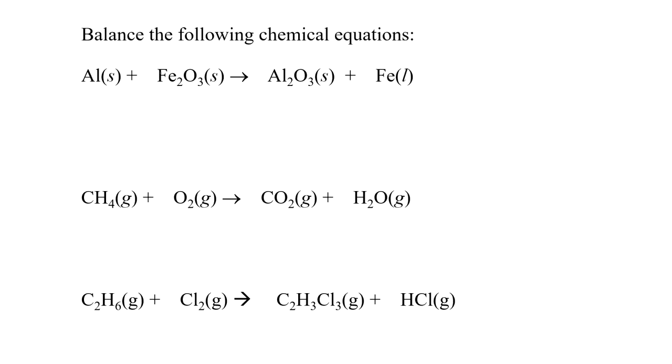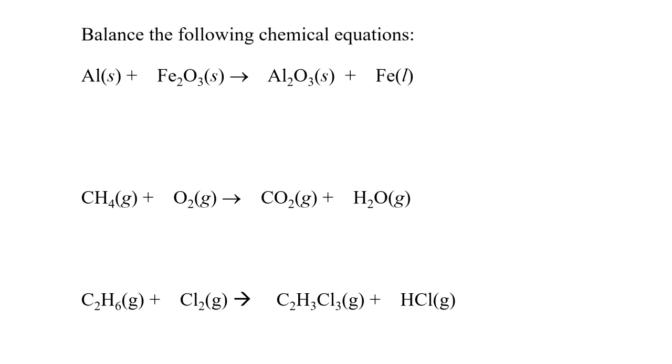Okay, so here we can see our first reaction is aluminum metal plus Fe2O3, that is iron 3 oxide, and this goes on to produce aluminum oxide and molten iron. And you see in this case there's 1 aluminum on the left and 2 on the right, so we need a 2 in front of the aluminum.